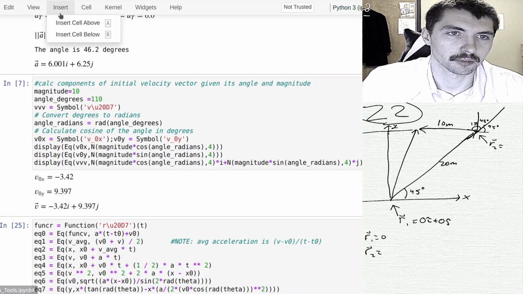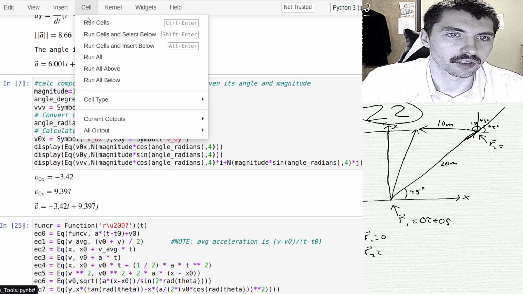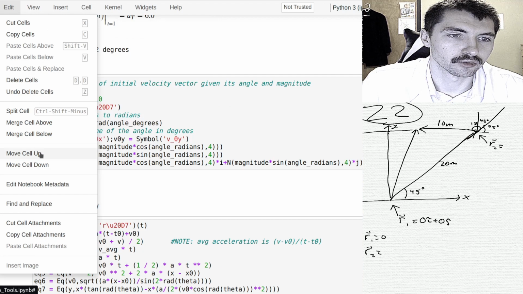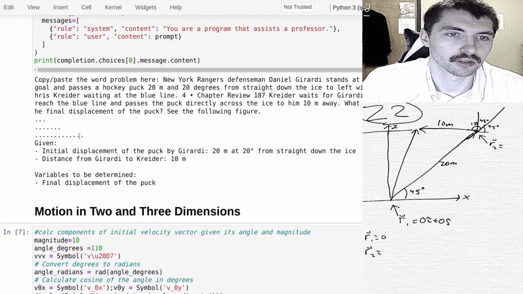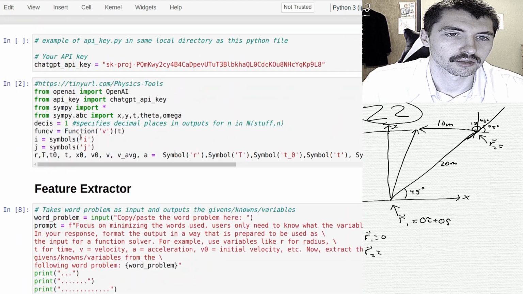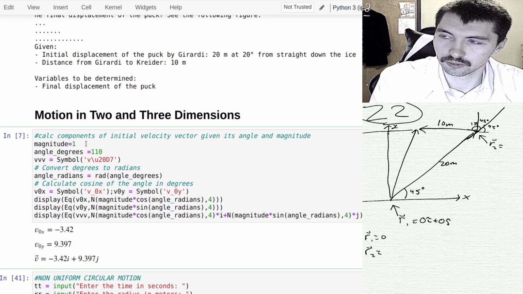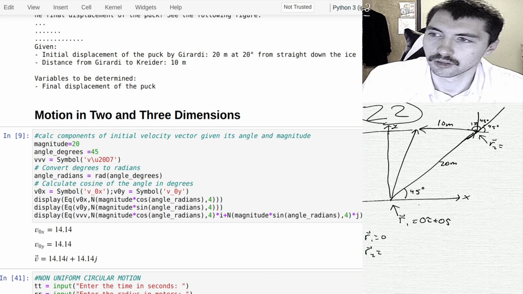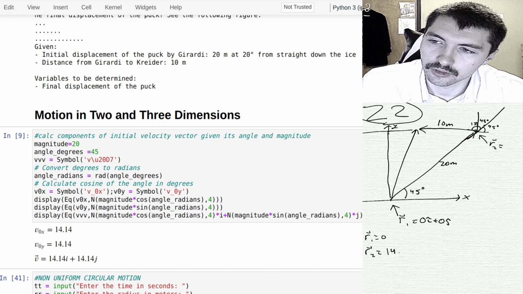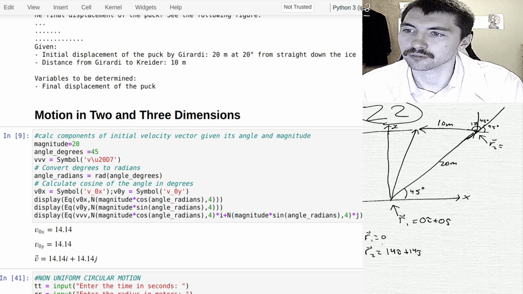Okay. So I want to do 20 at 45 degrees. So 14i plus 14j. Okay.